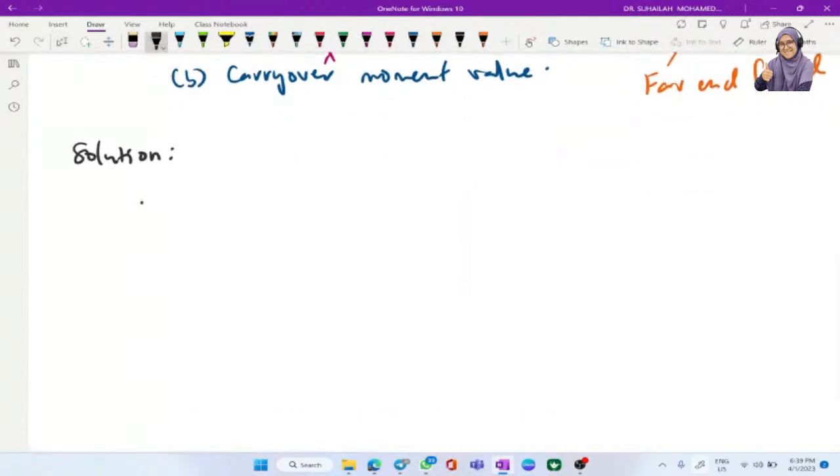So K for AB is 4EI divided by 4, which is equal to EI. Always remember that K is member stiffness: KAB, KBC, depending on how many members are given.